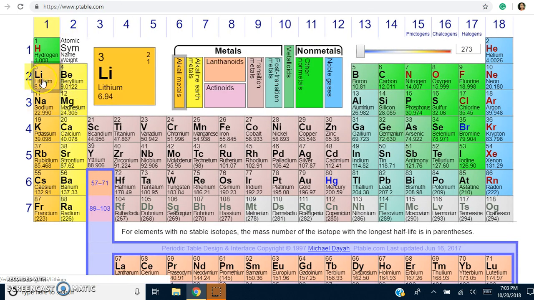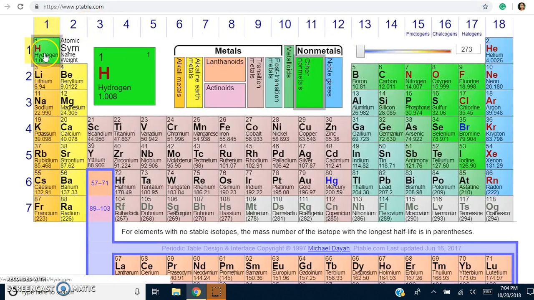Okay, so let's try lithium. Lithium is in group 1A. So when you write lithium's Li, the Lewis dot structure would be just 1 electron because lithium is in group 1A.